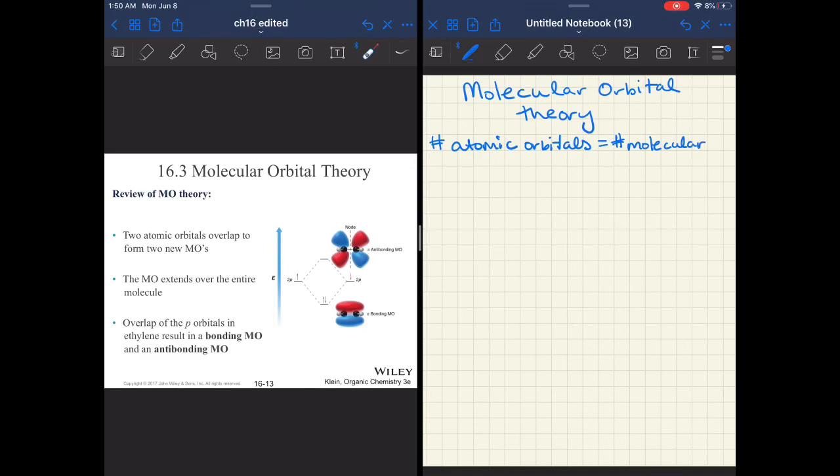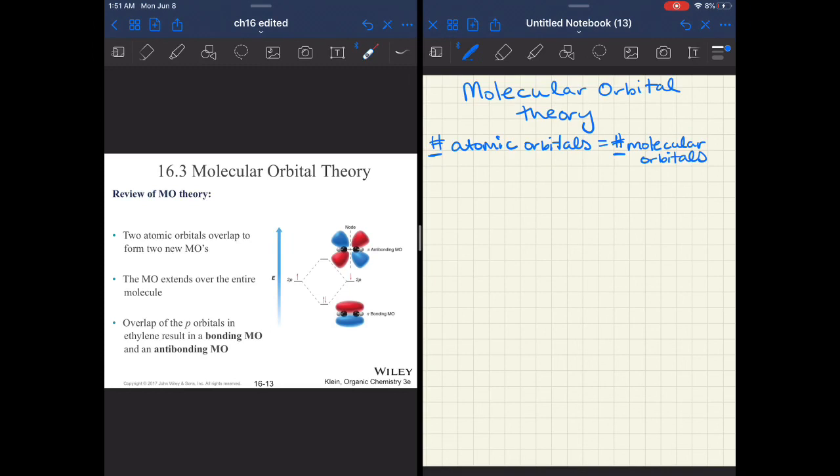So instead of thinking about each atom owning the orbitals and the electrons being all around those atoms, we can see how electrons could spread out over multiple atoms in a molecule. What's important to note is however many atomic orbitals you started off with, that's the same number of molecular orbitals the overall molecule will have.